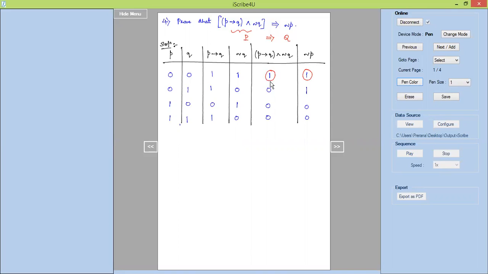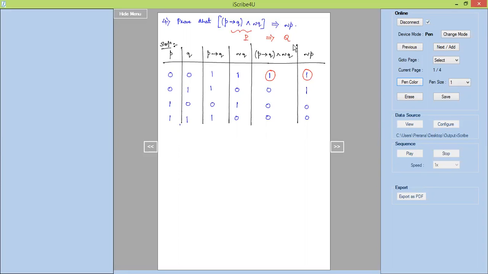So we have 1 here, P conditional Q and negation Q is 1. When this is 1, negation P should be 1. We are not looking at the other way. Whenever negation P is 1, we do not expect this conditional and negation Q to be 1. So whenever P conditional Q and negation Q is 1, negation P must be 1. That is the definition for logical implication.